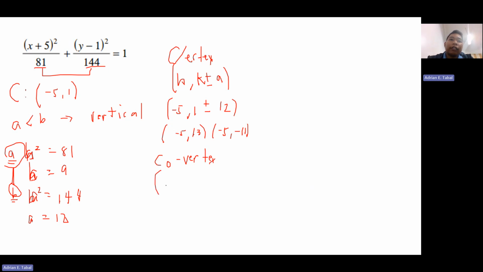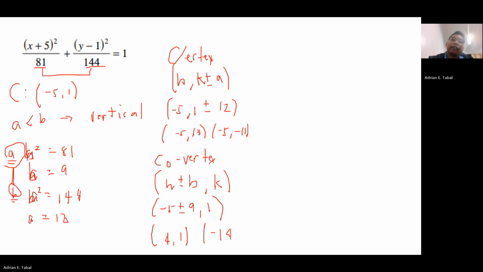So this co-vertex, we have H plus minus B and K. Then we have H is -5 plus minus B, which is 9. K is 1. So -5 plus 9, that's 4, 1. And we also have -5 minus 9, that's -14, 1.